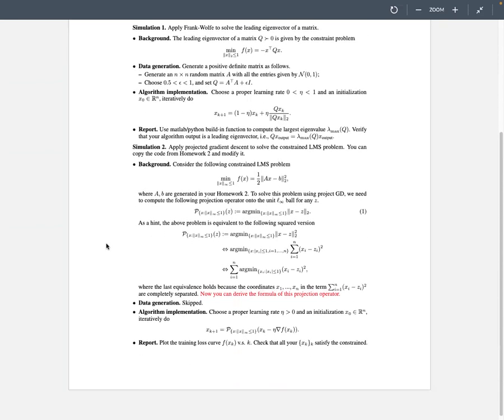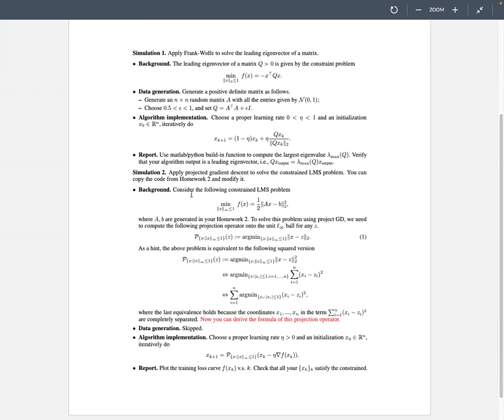Now simulation 2 is to apply the projected gradient descent to solve a constraint least mean square problem. And here you can reuse the code that you generated for homework 2 and modify it, because the problem we are looking at is a generalization of the previous homework.